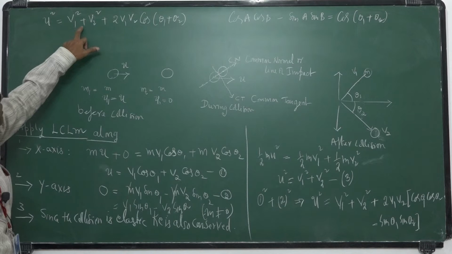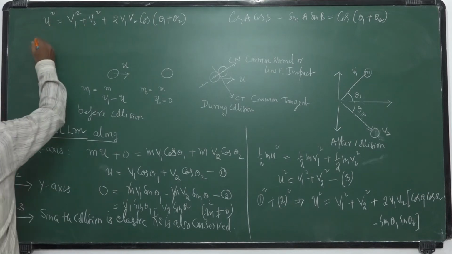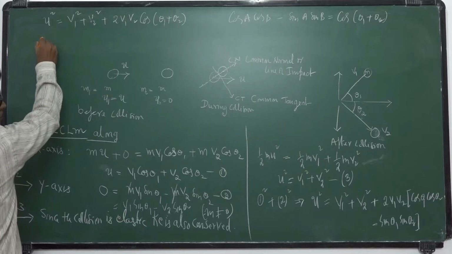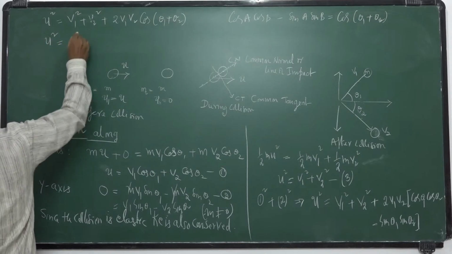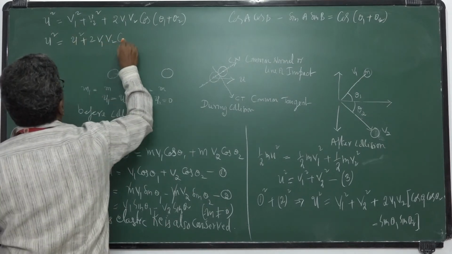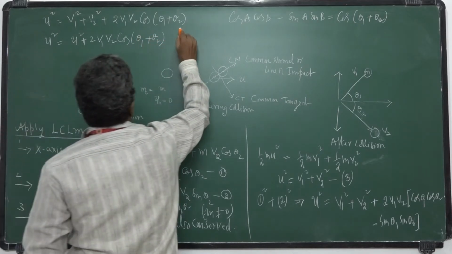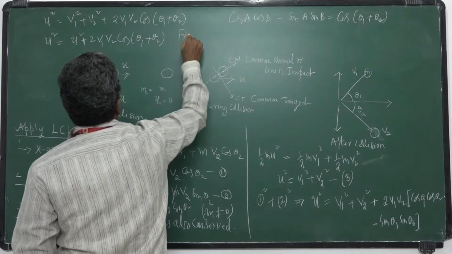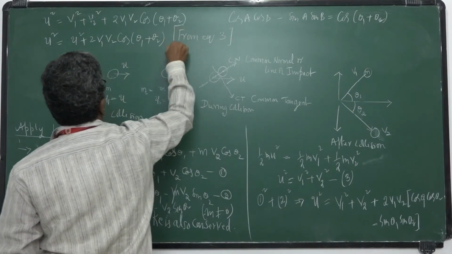So instead of v1 square plus v2 square I am writing u square. This can be written as u square plus 2 v1 v2 cos of theta 1 plus theta 2. I am using equation 3.